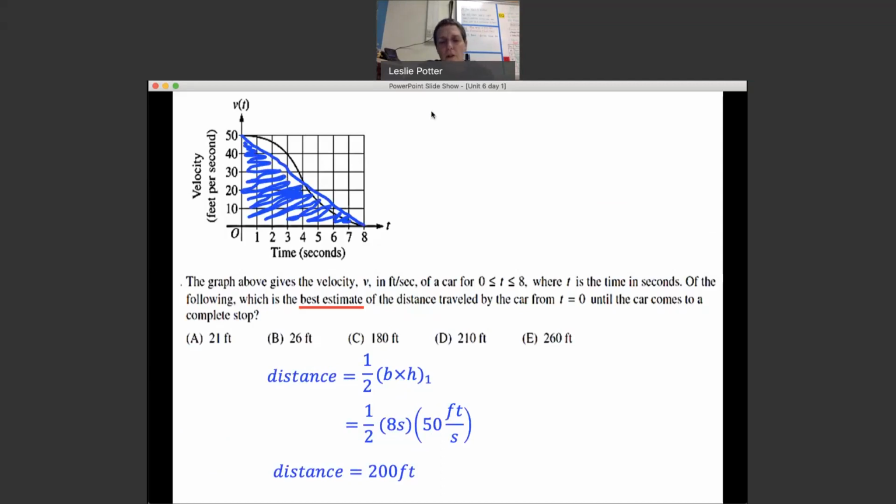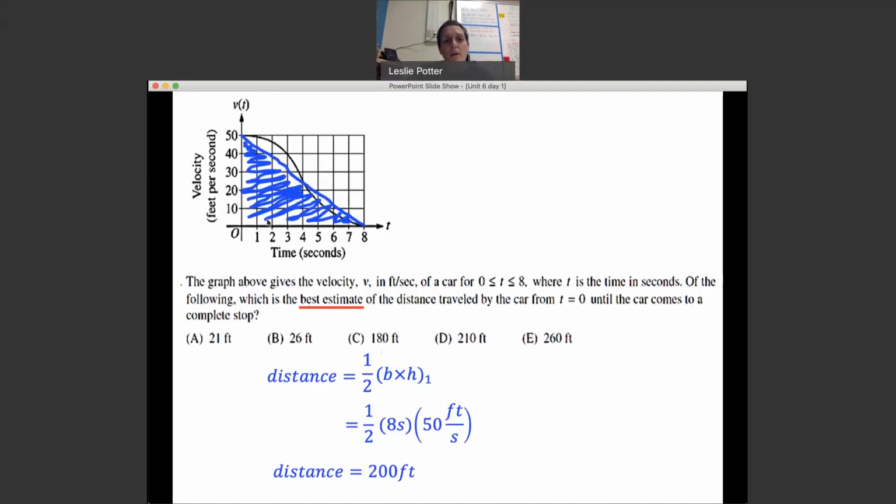So the next question is, well, that's not any of these answers. So the question is, is it 180 or is it 210? And this is where the best estimate portion comes in. So when we look at what we used to estimate here, we really aren't going to get an exact answer. So we have to take a look at where we compensated.